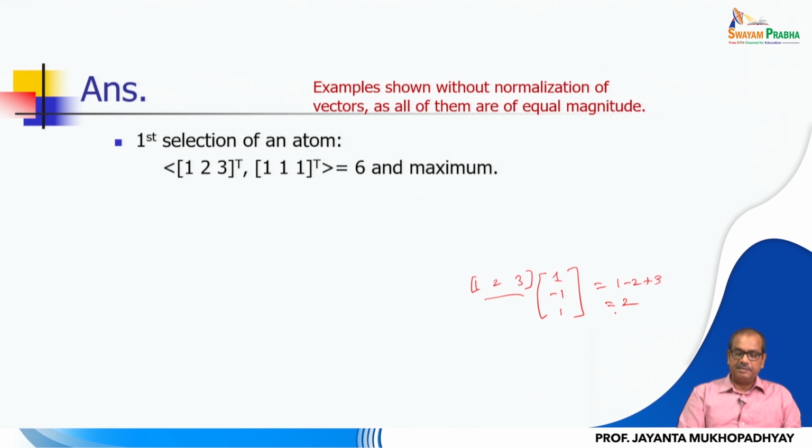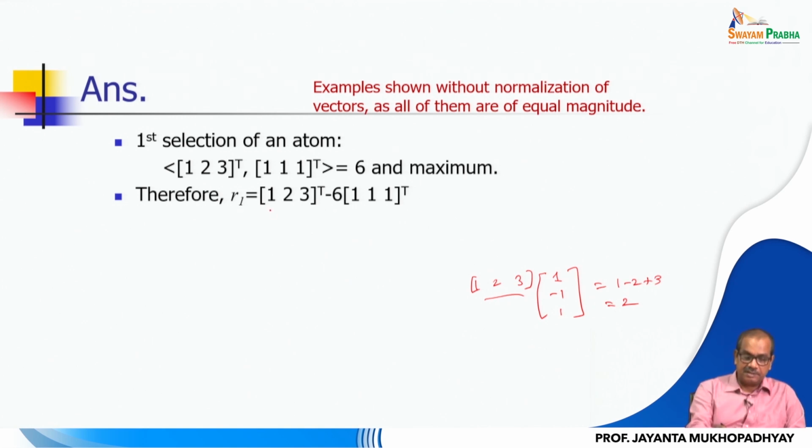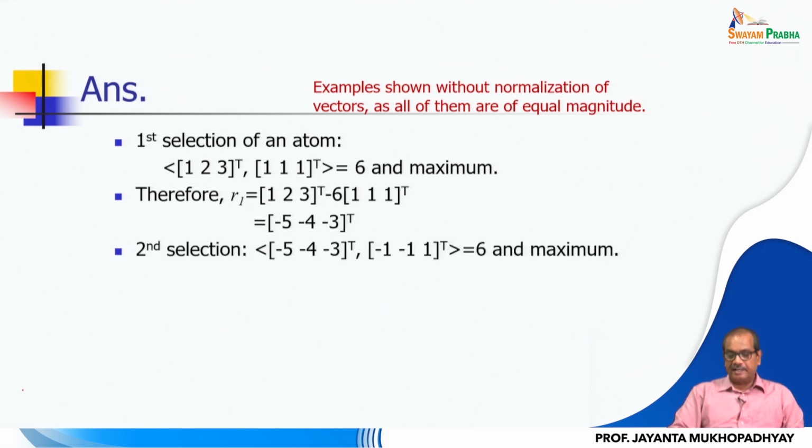So it is less. You can do this for all other vectors and you will see that 6 is the maximum. Therefore, we can consider R1 is 1, 2, 3, that is the vector x, minus this 6 into this vector. So for the second selection, we will find the maximum.